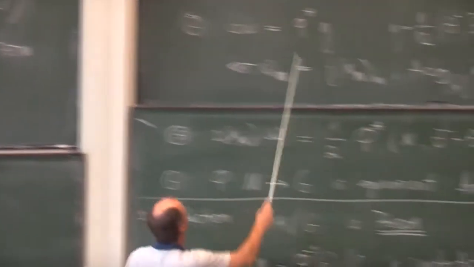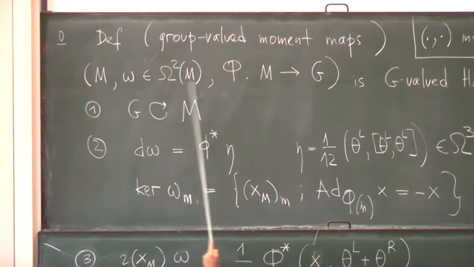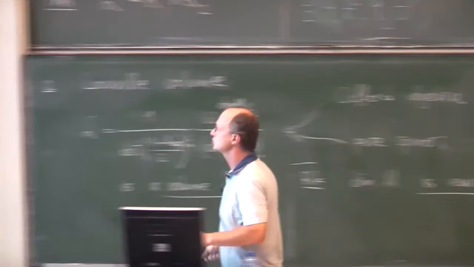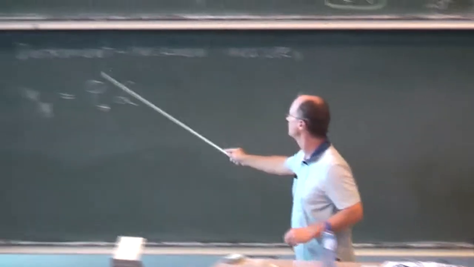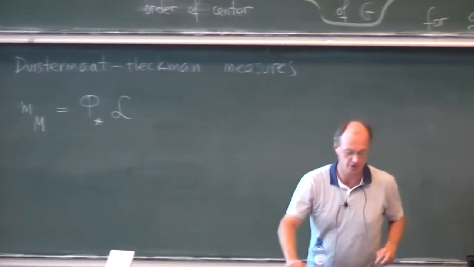So you have this map from one compact manifold to the other, and you just integrate the Liouville measure along the fibers to induce a measure on the target space.